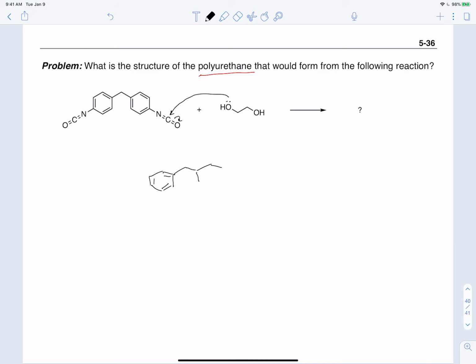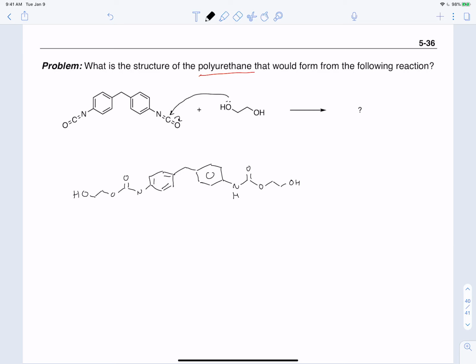So I'll draw out the benzene rings. And let's imagine the addition product from each one of these with a single molecule. So the goal is for the repeating unit to be represented, and that repeating unit will have exactly one molecule of each of the two monomers.